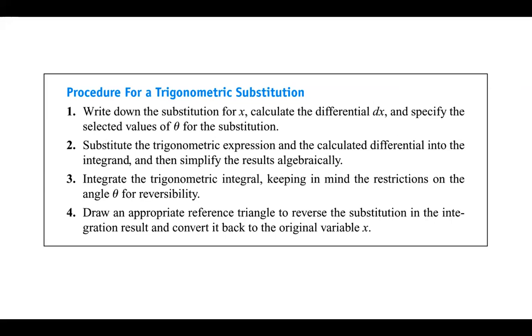Second, substitute the trigonometric expression and the calculated differential into the integrand, then simplify the results algebraically. Next, we'll integrate the trigonometric integral, keeping in mind the restrictions on the angle theta for reversibility. And finally, we'll draw an appropriate reference triangle to reverse the substitution in the integration result and convert it back to the original variable x.